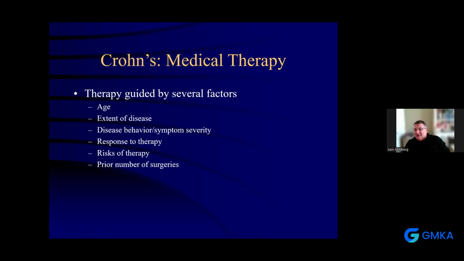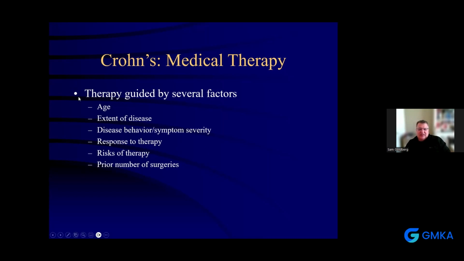Might not have them on a heavy duty biologic. It also depends on their response to therapy and the risks of therapy. Some of these medicines we can't use because the patients have other cancers, or other contraindications to being immune suppressed.